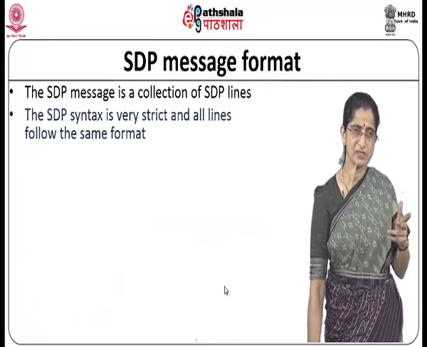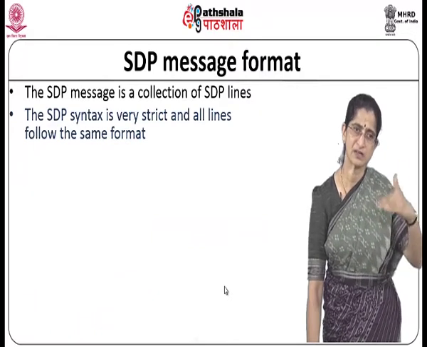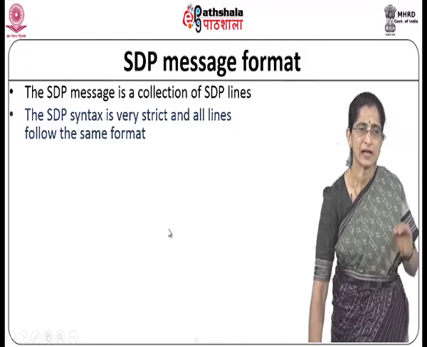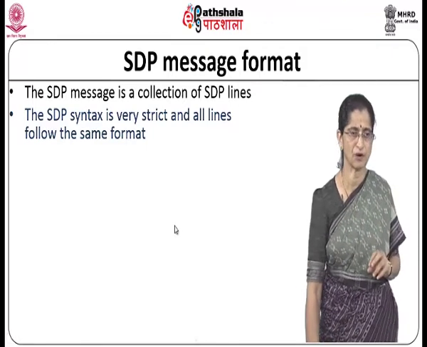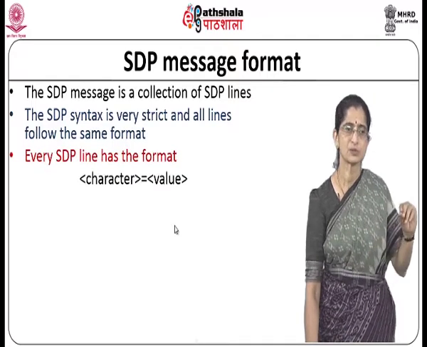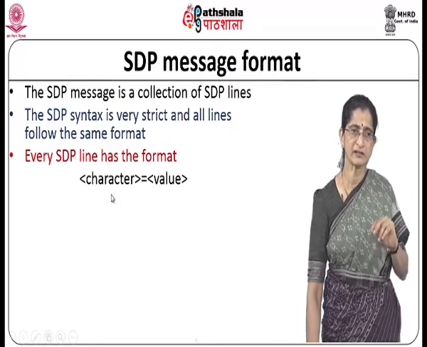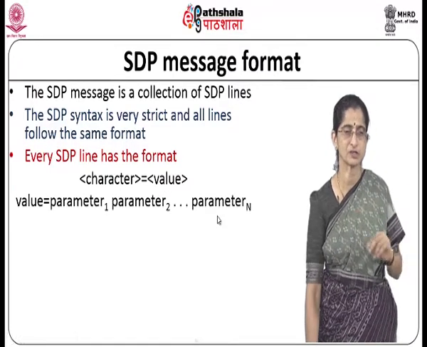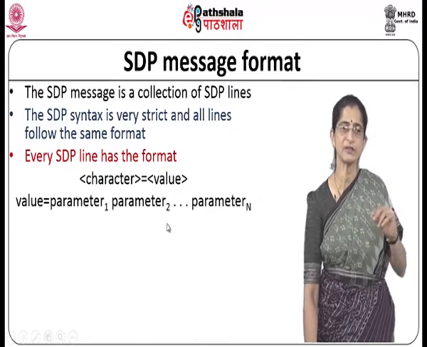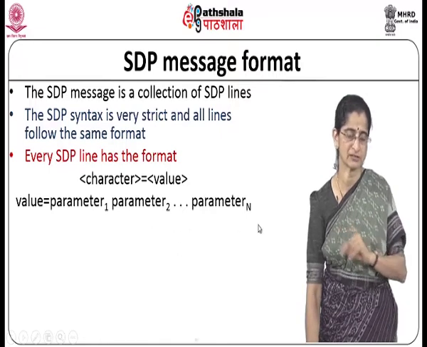If you look at the SDP message, it is basically a collection of SDP lines, and there is a very strict syntax that is followed. All lines have the same format, which looks like this: character equals value, and the value will consist of a number of parameters, parameter 1, 2, 3, up to parameter n.